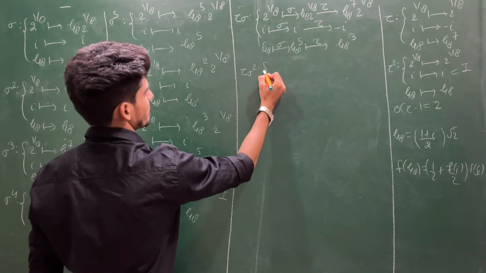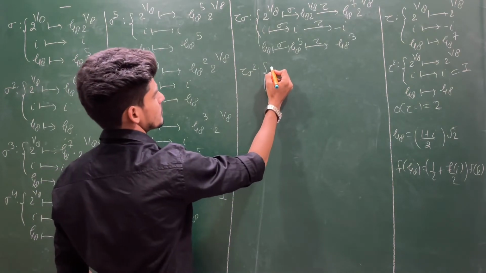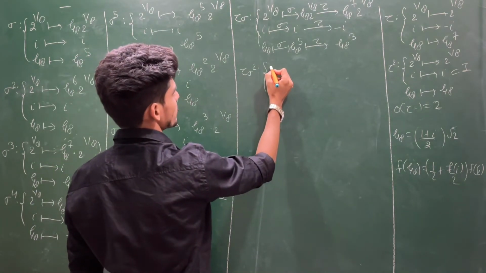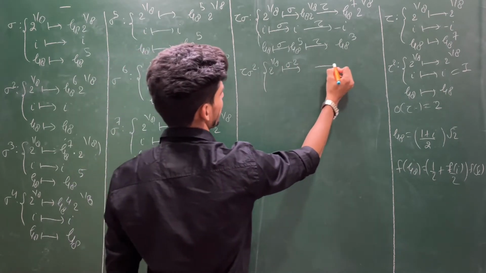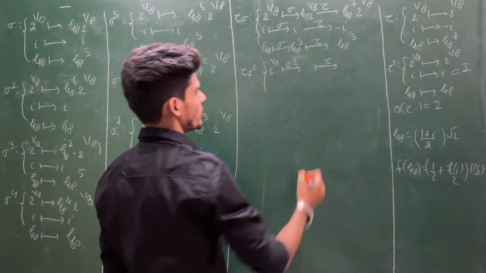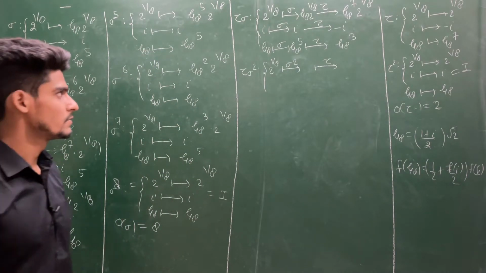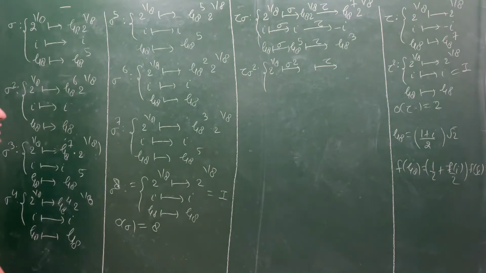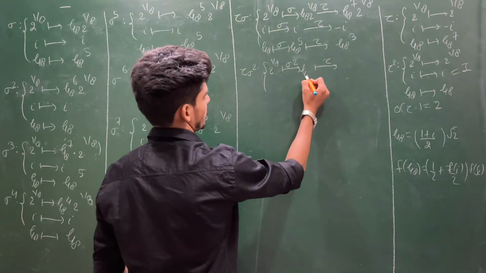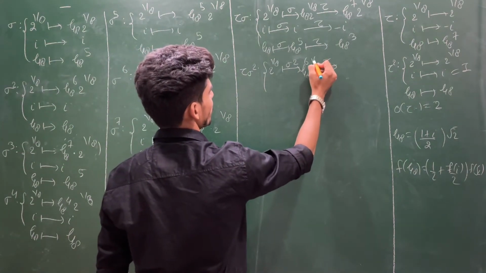Tau sigma square. So what do you do? You first operate sigma square, then you operate tau on whatever element you are getting. So sigma square is sending 2 power 1 by 8 to zeta 8 to the power 6 times 2 power 1 by 8.